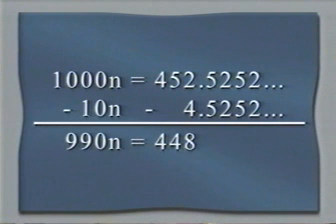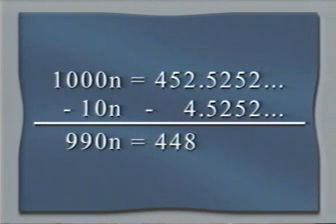So, for example, if I had 0.45252, and I would multiply that by 1,000, and I would have 452.52, and then I would multiply it by 10, which would give me 4.5252. Subtracting, 1,000n, the fraction I want, minus 10n would give me 990n, and the 452.5252 minus the 4.5252, again repeating, would give me 448.